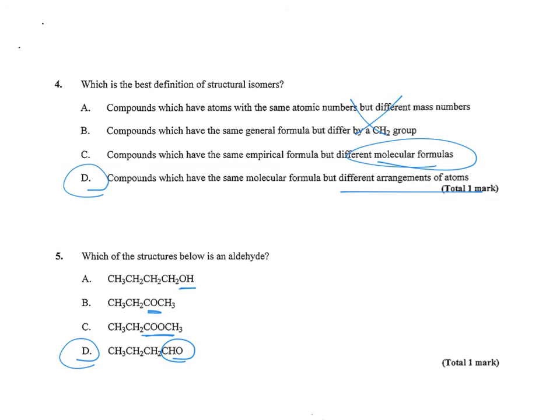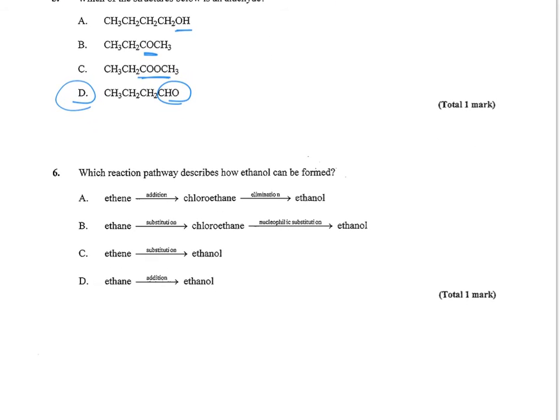Then if I scroll down to number 6, which reaction pathway describes how ethanol can be formed? If I start with ethene and it undergoes addition to become chloroethane, that's possible because ethene plus HCl would give me a Cl and an H group there. So it'd be chloroethane.